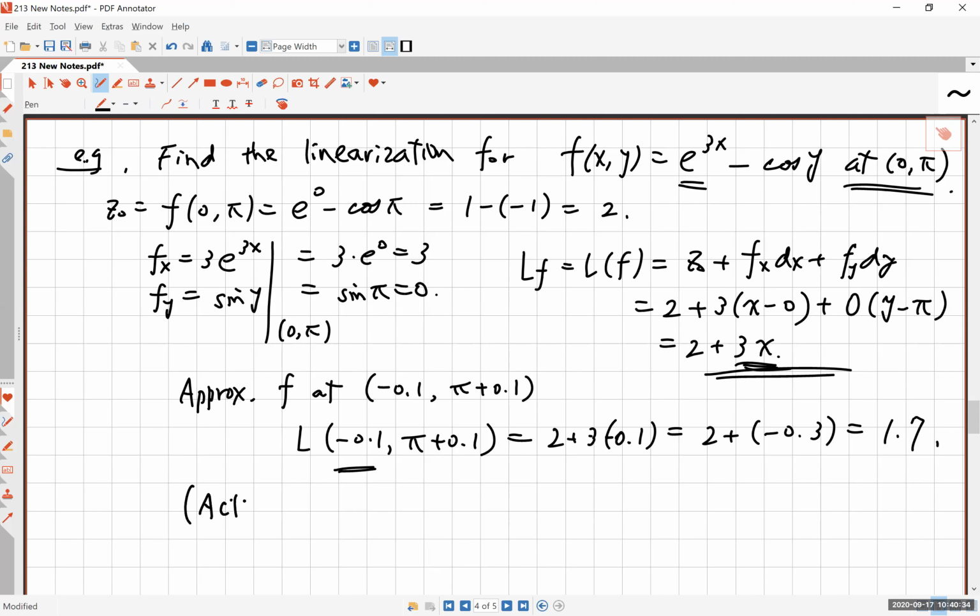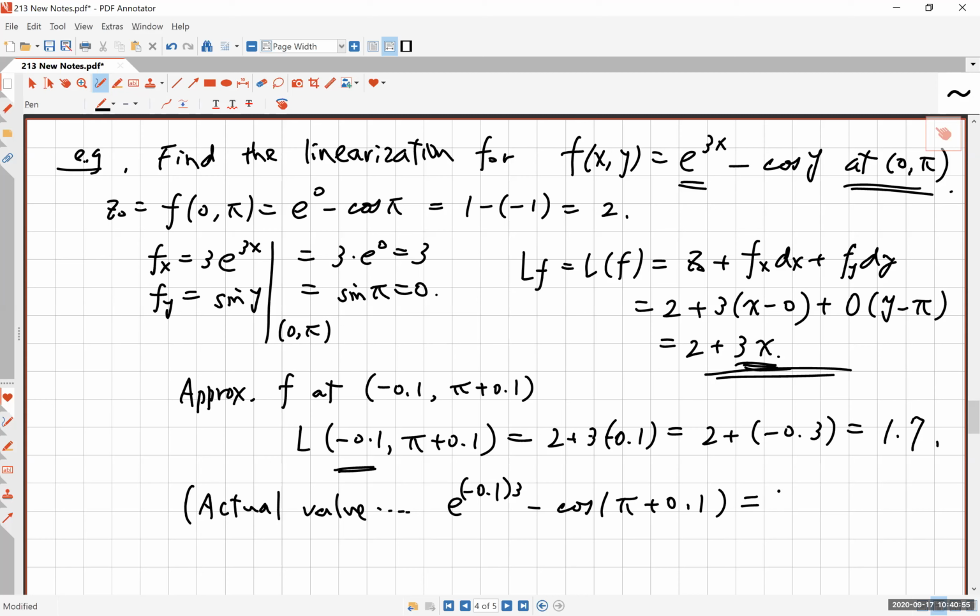If you're, again, interested in the actual value, you can do so. You can calculate this, and that would be e to the -0.1 times 3 minus cosine of pi plus 0.1. You can calculate this.